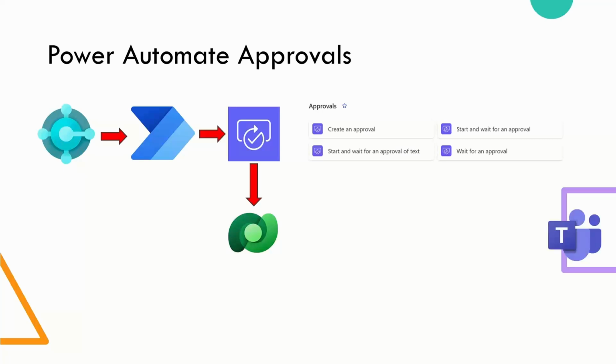Now then we have the Teams application. And the Teams application does have an app called Approvals for Microsoft, and that app is actually reading data from the Dataverse tables. It uses APIs for that. Reading the data from the Dataverse tables to show the list of requested approvals to somebody in Teams.